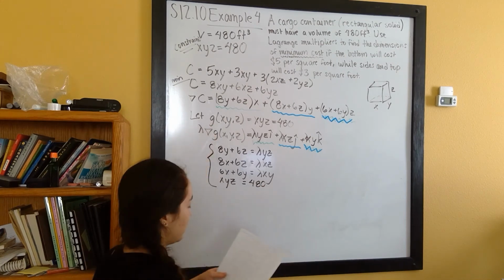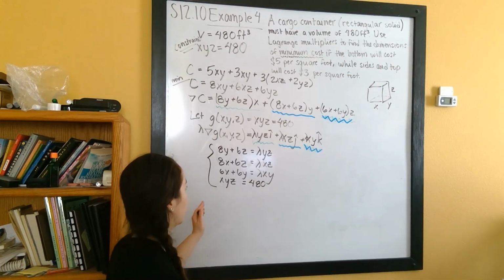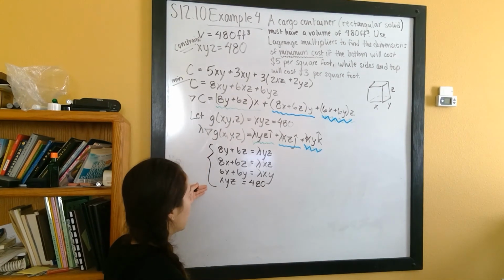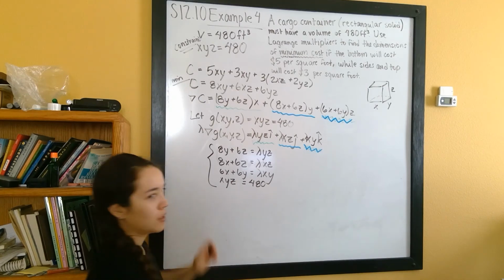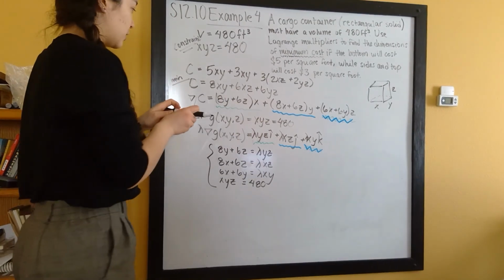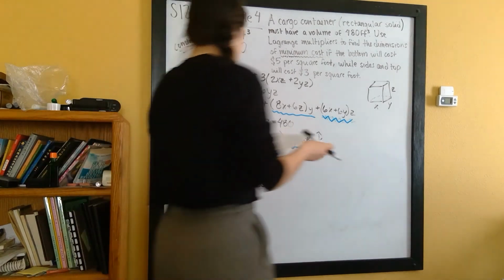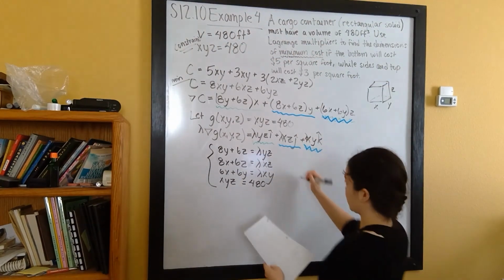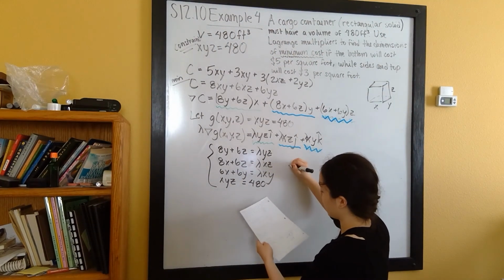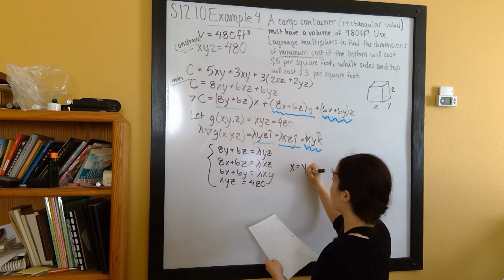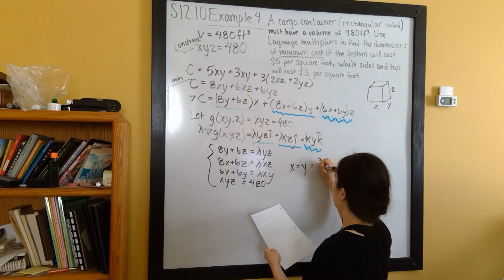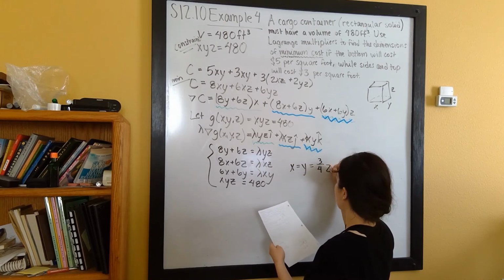I have some scratch work on how to solve the system of equations. If you would like to see that, the notes will be posted. But for board purposes, I'm just going to go straight to the answer. Once you solve this out, you find that x is equal to y, which is equal to 3/4 z.